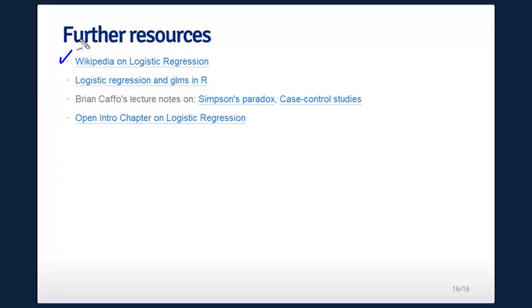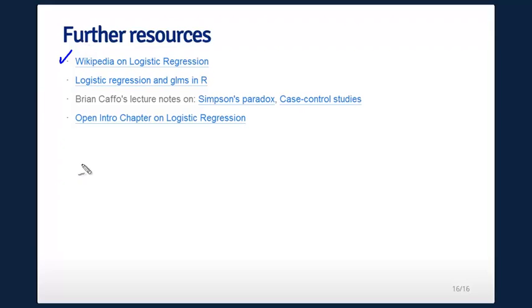The classic textbook on logistic regression is called McCullagh and Nelder. Nelder, one of the two authors, was one of the authors on the original paper for generalized linear models. Both are great statisticians. Anyway, that's the classic textbook that everyone loves.